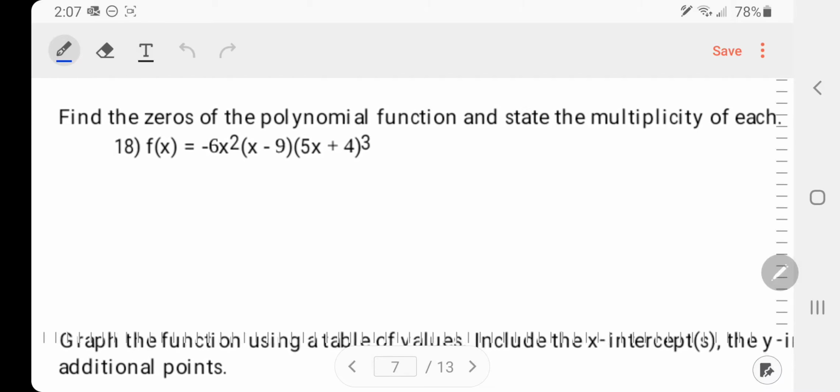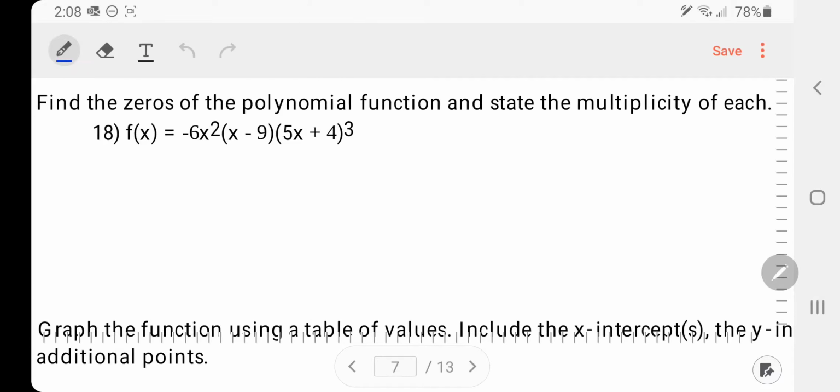Number 18. Find the zeros, and notice it says and state the multiplicity of each. Now, if your function is factored, finding the zeros is easy. There are 3 factors. We're going to set each factor equal to 0 and solve, and that should produce 3 zeros. -6x squared equal to 0, setting that factor equal to 0.